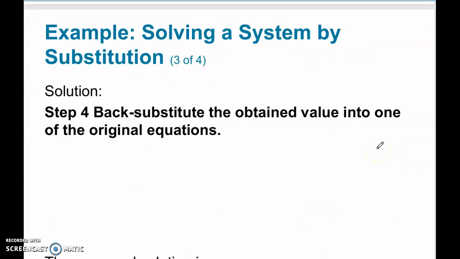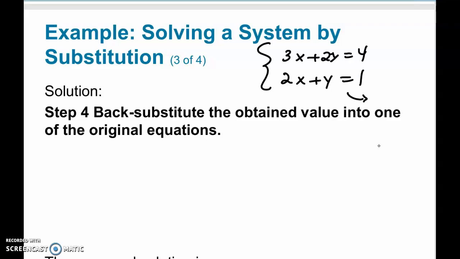So I have to continue on, and let me write the system up above here that I had in the original page so I don't have to flip back and forth. This was my original system. And what I did was I took this second equation and I solved it for y. And now I found that x is equal to -2.